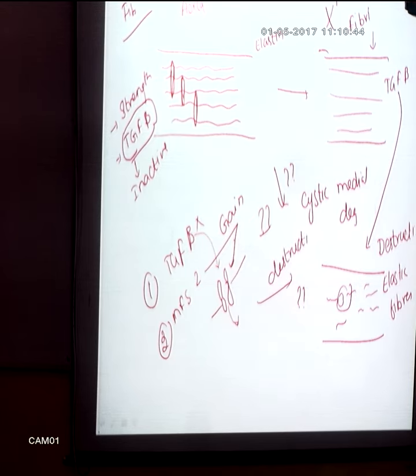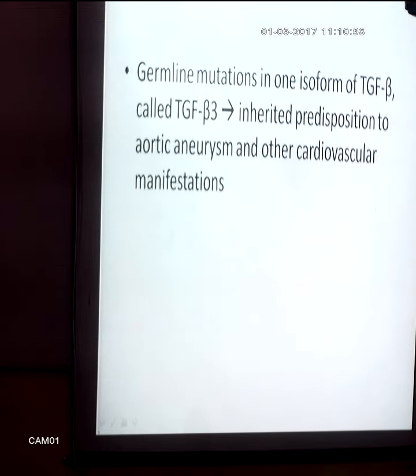Okay, so fibrillin can be completely normal. Gain of function mutation of the TGF beta 2 receptor will cause Marfan's. One more new point has been added in Robbins this edition: TGF beta 3, not the receptor, TGF beta 3 per se, mutation increases the predisposition for aortic aneurysm and cardiovascular manifestations.